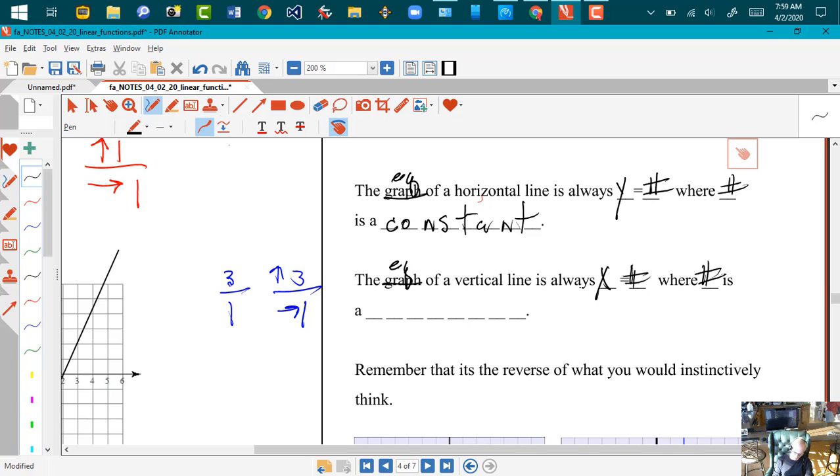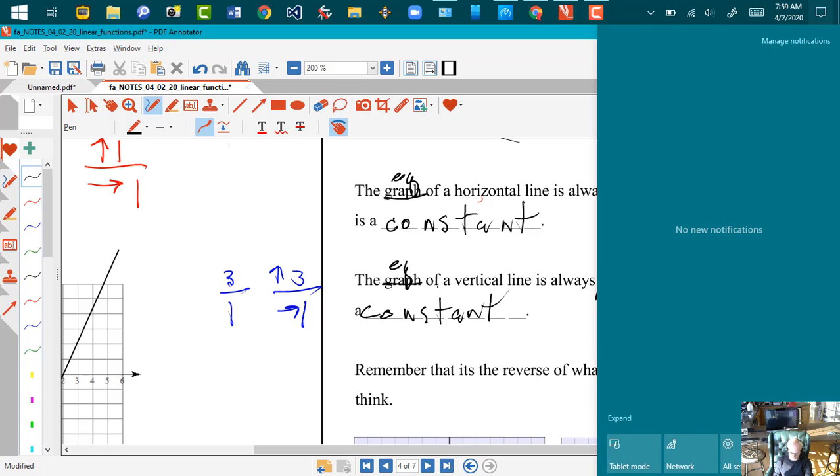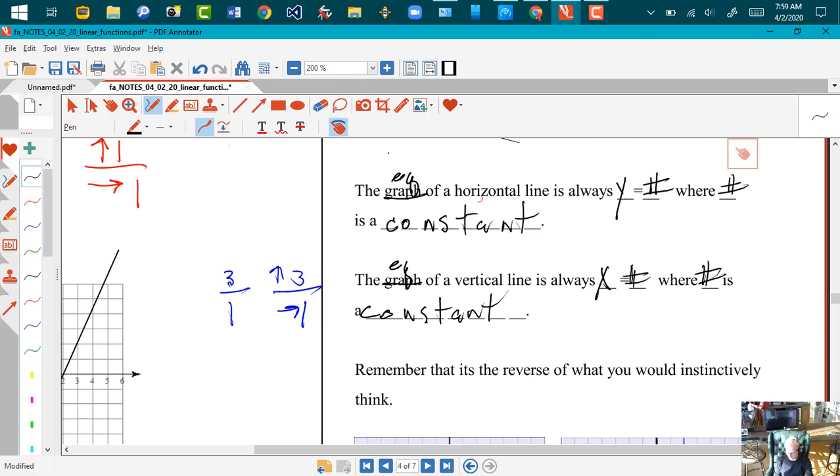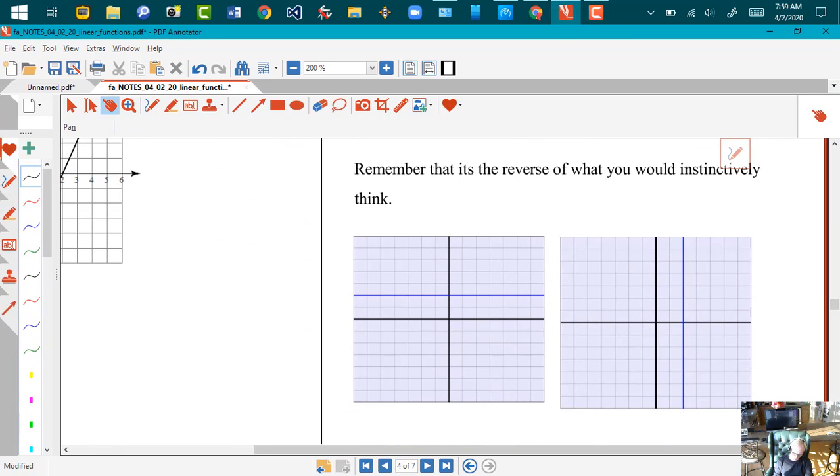And once again, the number is a constant. It has to be a real number as well. We're not going to get into imaginary numbers in this class. Obviously, there are no imaginary dollars, so we're going to steer clear of that one.